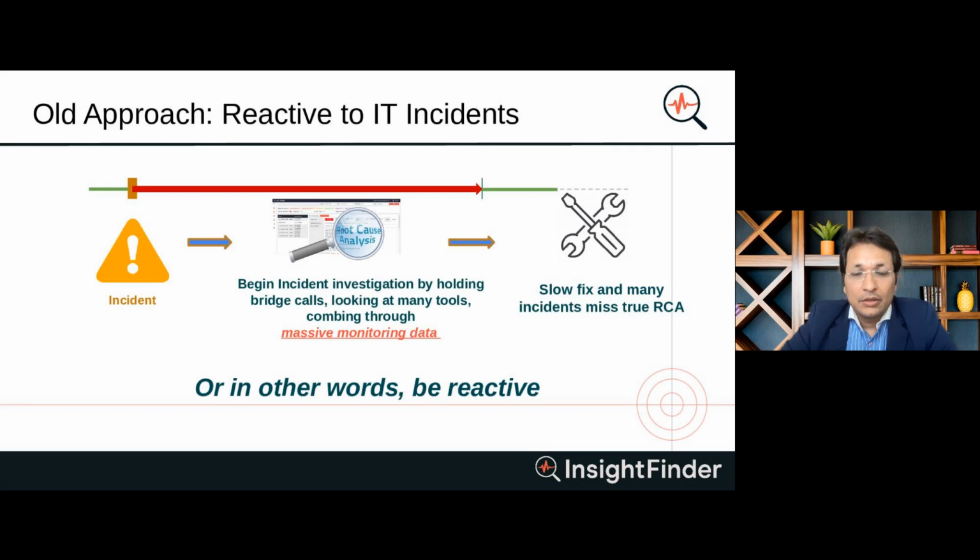So all I'm trying to say here is that we have been trying to be proactive about IT operations, but by definition, we have all been reactive, with comparatively taking less time to restore the services or identify the root cause. So what do you think we can do here?